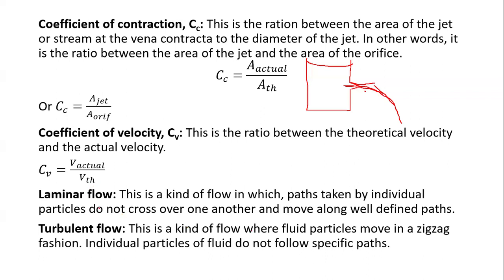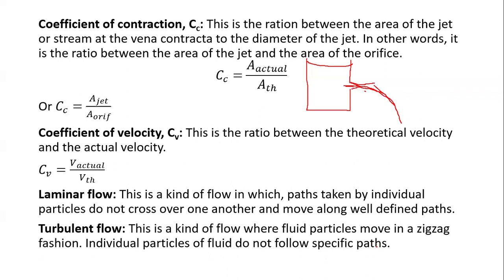Now comes what we call laminar flow. Here we're saying that you have individual particles that are arranged in an orderly manner as water comes out, individual fluid lines. That's laminar flow. In turbulent flow, the particles do not come out in an orderly manner.